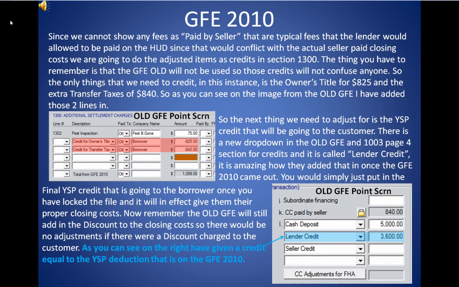Since we don't want to show any fees as paid by seller that are typical fees that the lender would allow the seller to pay, what we're going to have to do is give a credit in the 1300 section.